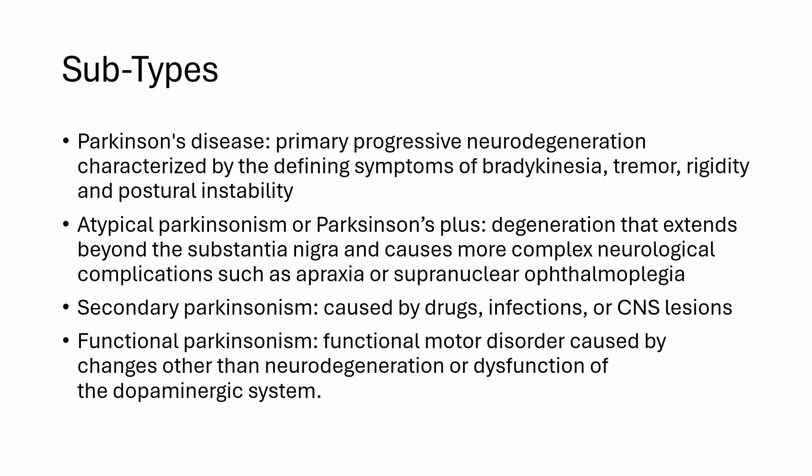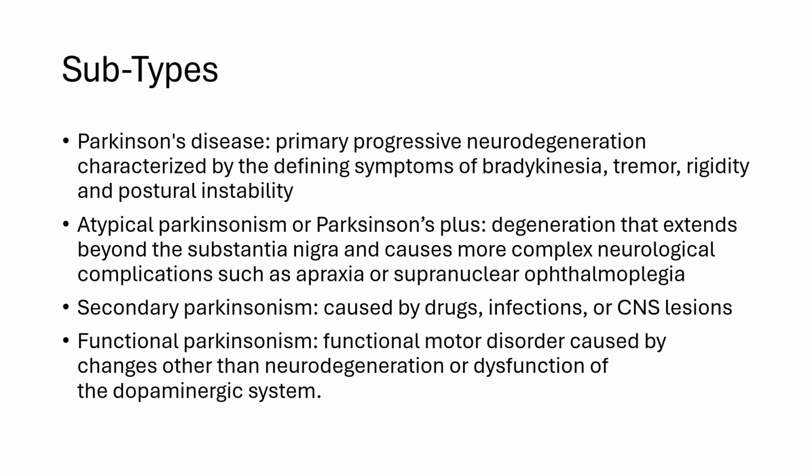In the literature it is sometimes very confusing reading about these conditions. Obviously, there's idiopathic Parkinson's disease, which I think we're all pretty familiar with, which is primary progressive neurodegeneration. There is diagnostic criteria for it, and it's very well defined.